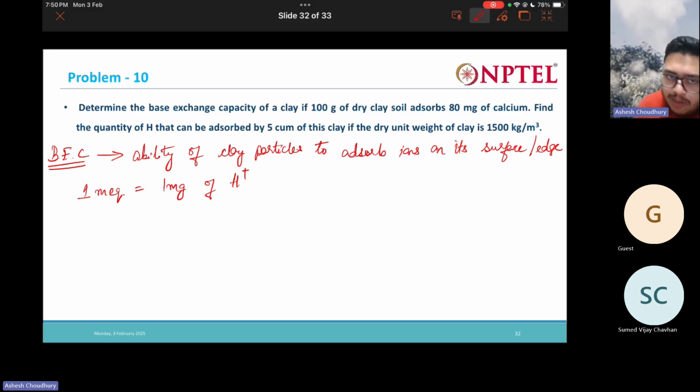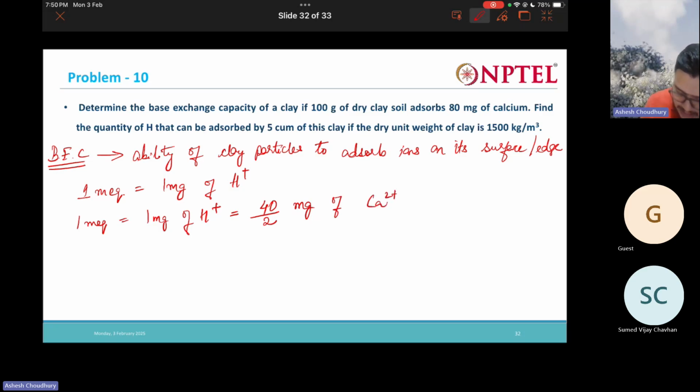Now 1 milli equivalent is equivalent to 1 milligram of H plus, which is equivalent to 40 by 2 milligram of Ca2 plus, since the weight of Ca2 plus is 40 gram.